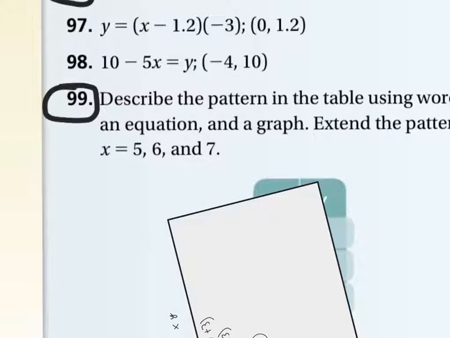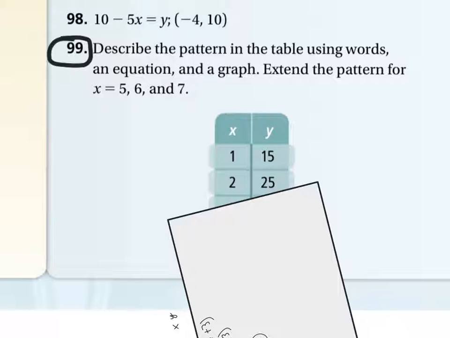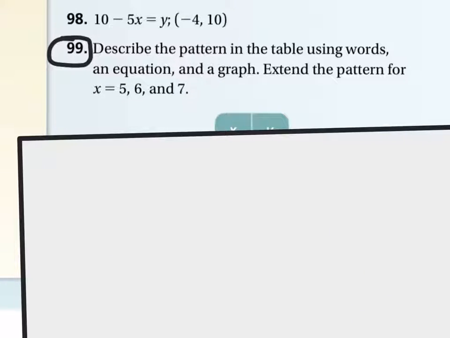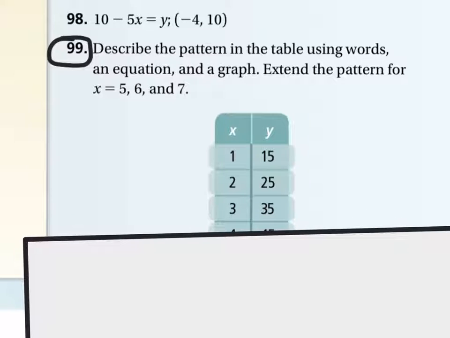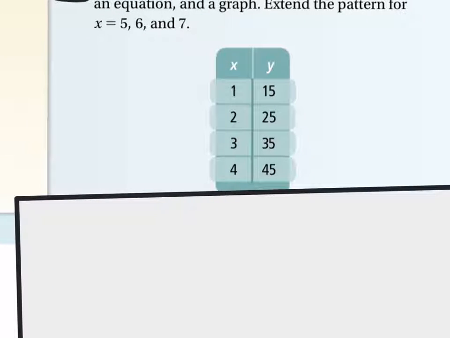If we look at number 99, I want us to describe the pattern using words, an equation, and a graph, and extend the pattern for x equals 5, 6, and 7. So we can just try to look at this and see what's happening here. And what you might notice is that these are going up by 10 every time.